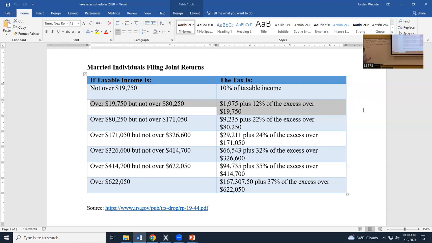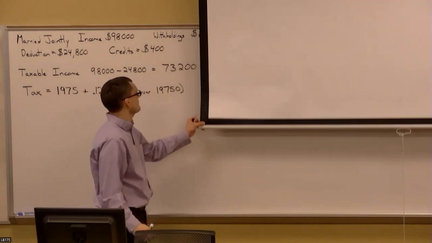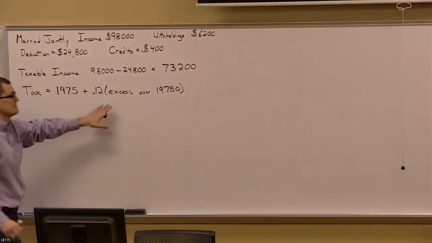And the 12% tax bracket says take 1,975 plus 12% of the excess income over 19,750. All right, so that's the tax, at least how I calculate the tax.